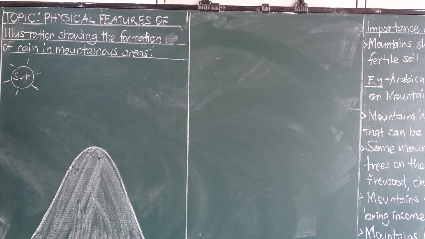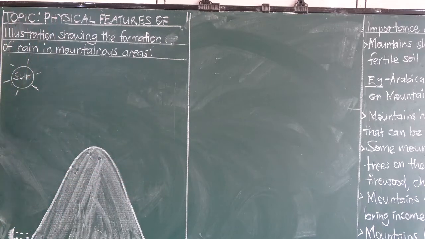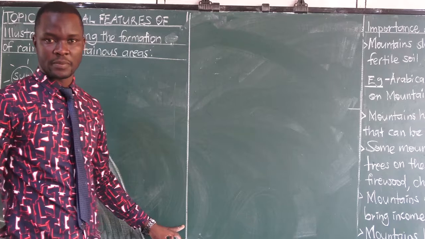Now we are continuing. You will find that in these mountainous areas, there is a small water body. It can be a river, it can be a small lake which is having water. Now, we are going to have wind blowing across this mountain. The wind comes from this side, and this wind is aiming at reaching the other side of the mountain.